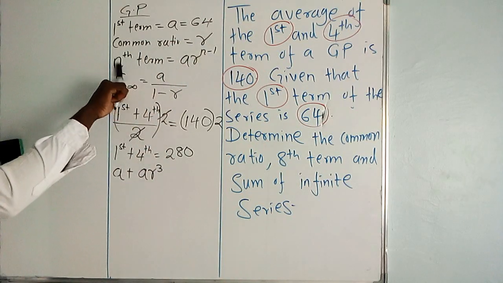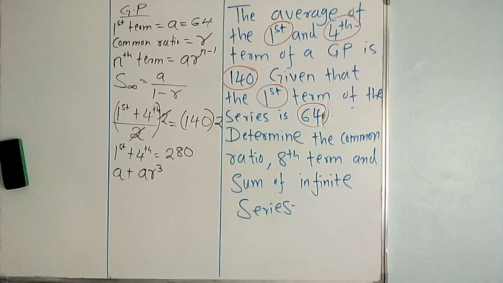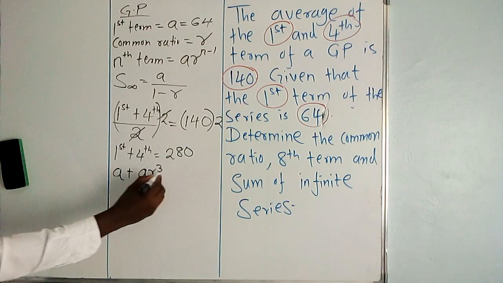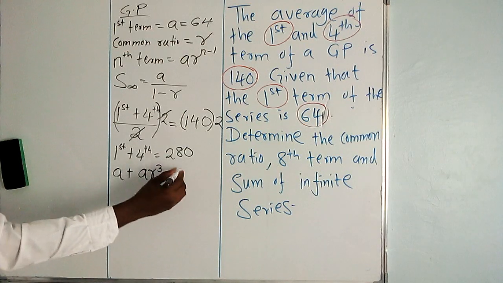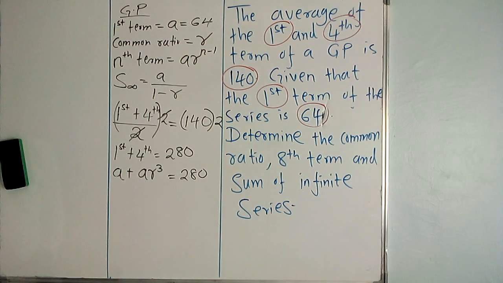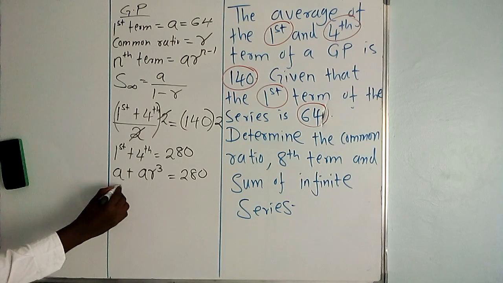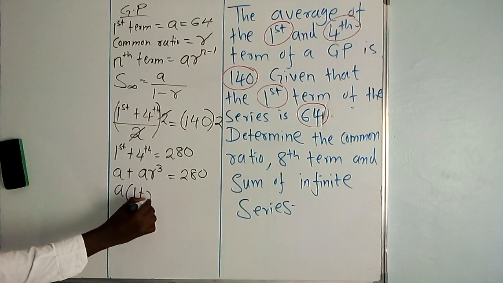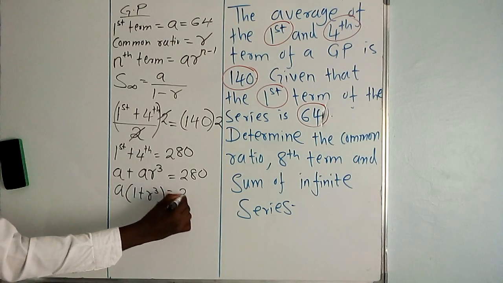So when n is 4, the fourth term will be AR raised to power 3. From there you can see A is a common factor, so you can factorize it out. You have A into 1 plus R cubed equals 280.